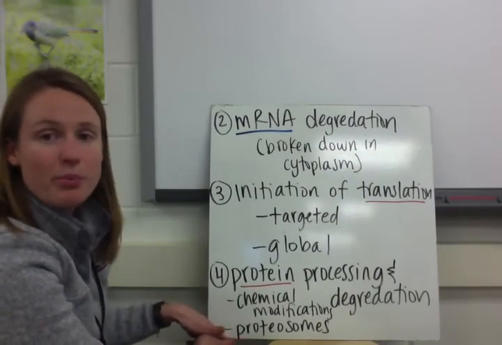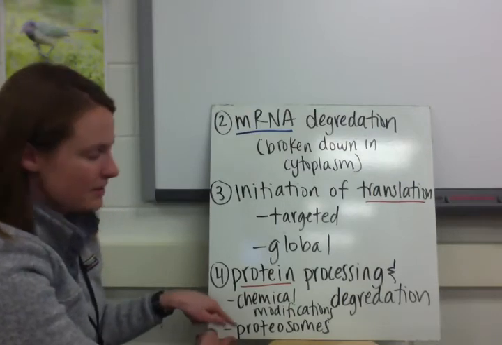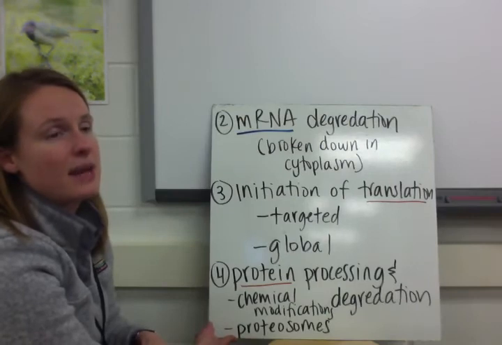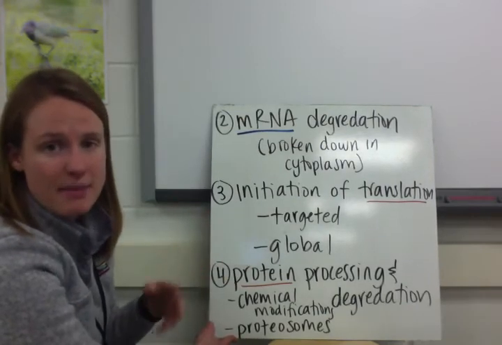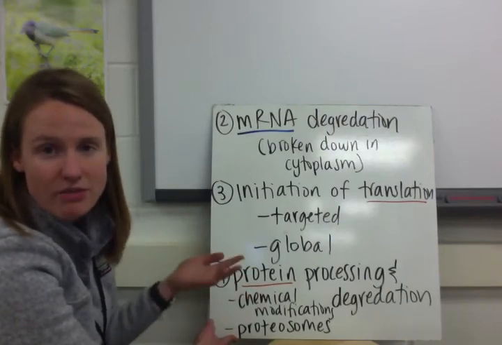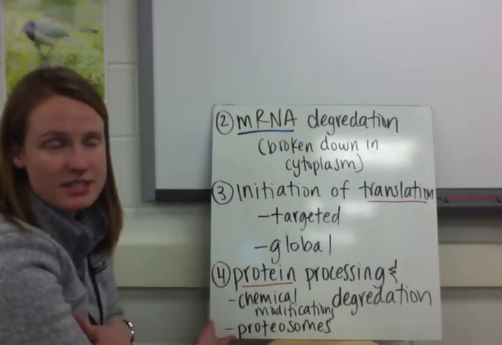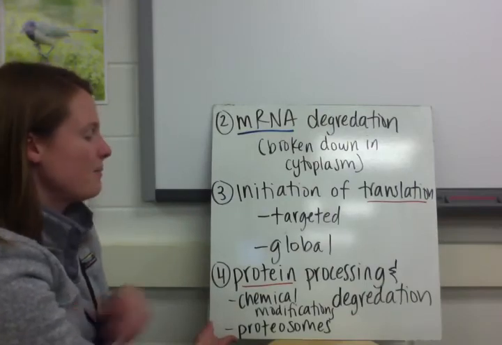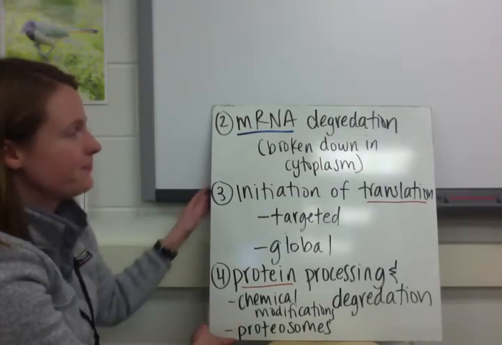Also, there are proteasomes, enzymes that break down proteins, and there can be more or less of them depending on if the cell needs that protein to stick around for a long time, or doesn't need that protein to stick around for a long time. But that would be the degradation aspect.